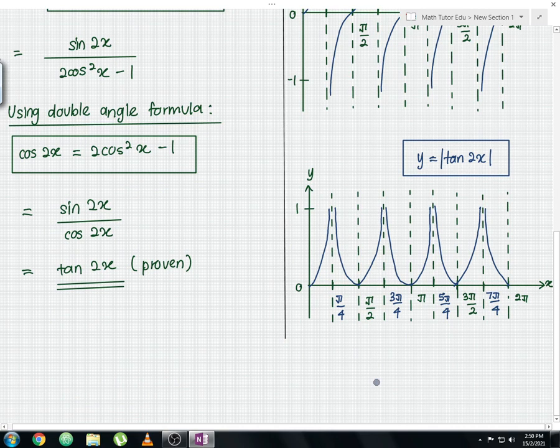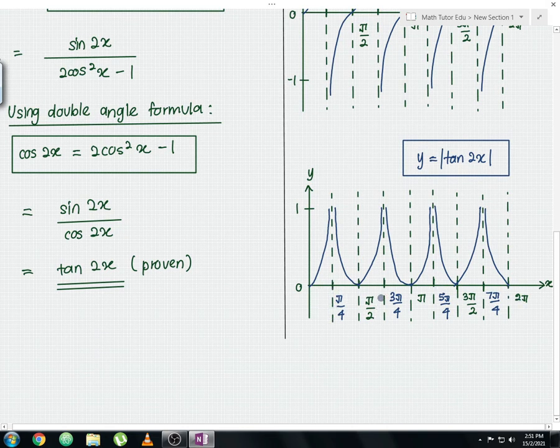This is how your final answer should look like, where y equals modulus tangent 2x. Like I mentioned earlier, modulus makes all your negative values positive. That is why, as you can see, there is no negative axis over here, you only have the positive axis. I've also added additional values on the x axis.